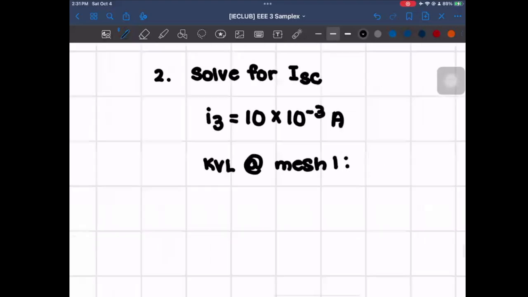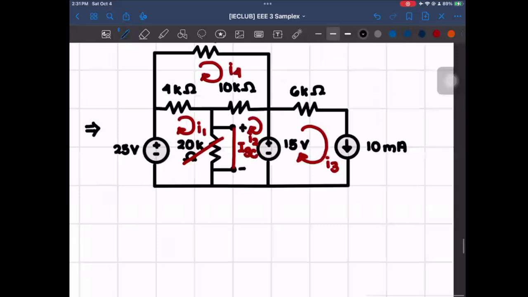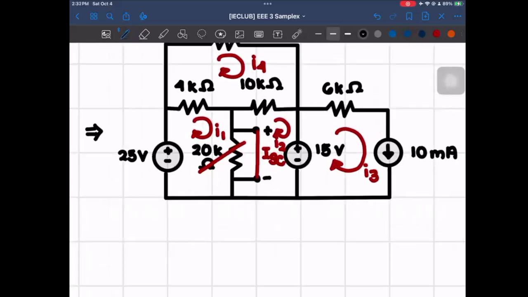And that will be, if we look at it back again, summation of all V rise is equal to summation of all V drop. And here, the only one that's rising would be 25 volts, and all of the others, since they're resistors, will be dropping the voltage.